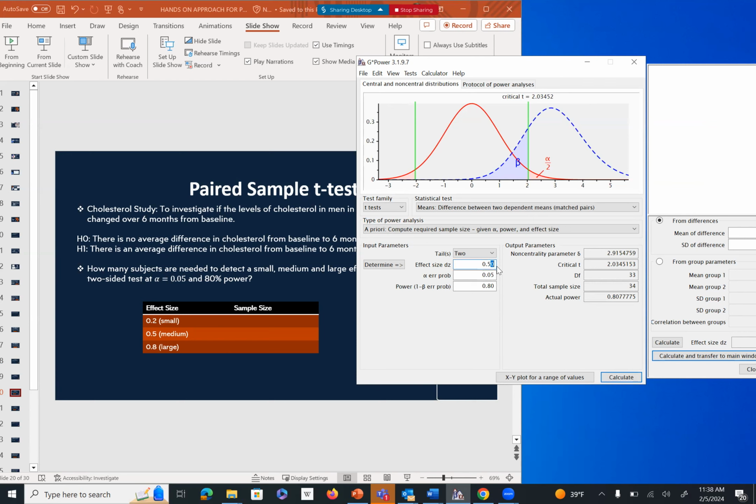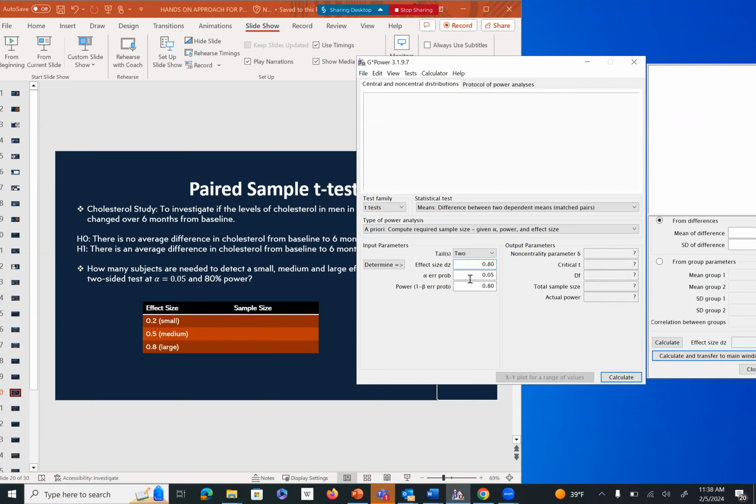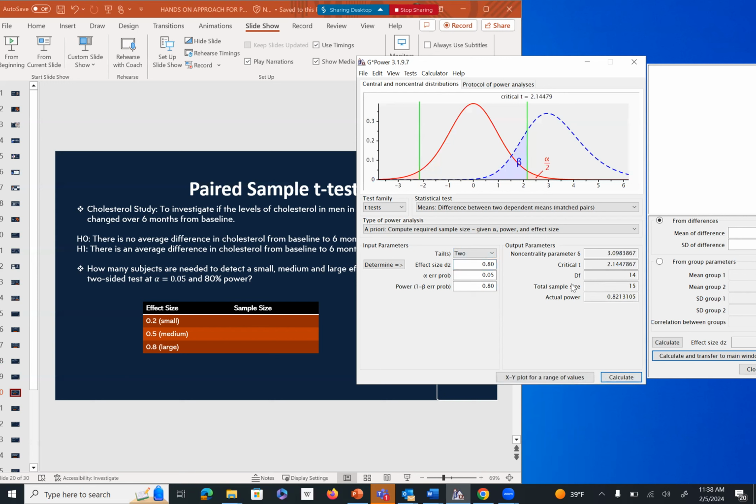And then for 0.80 effect size, which is a large effect size, you'll see that your sample size decreased again. So a smaller sample size and your effect size increased.